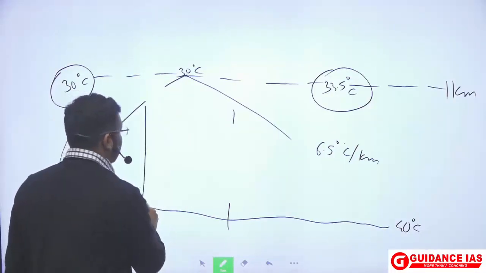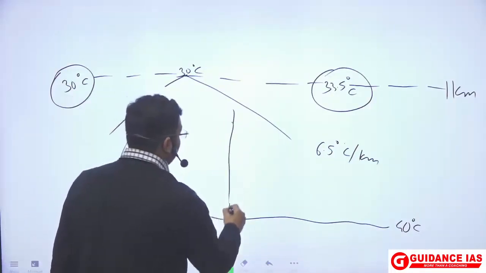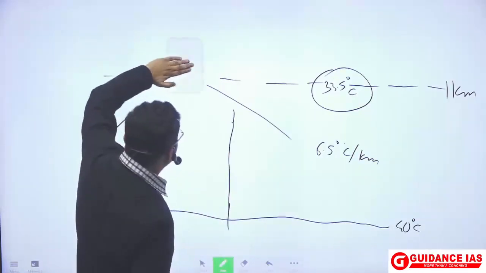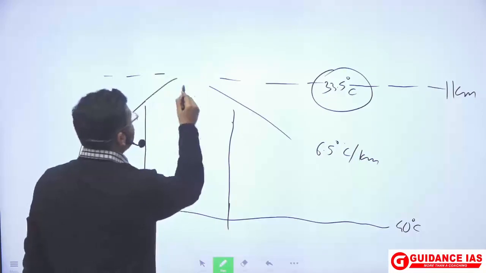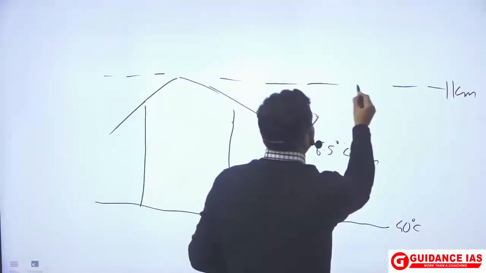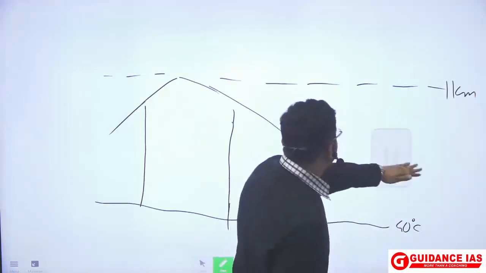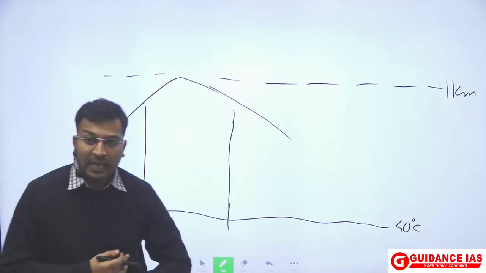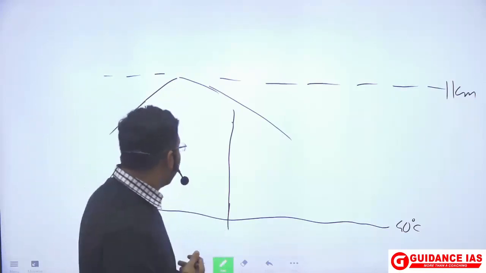Suppose the lapse rate of this rising air mass is less than that of the normal lapse rate of the surrounding environment.